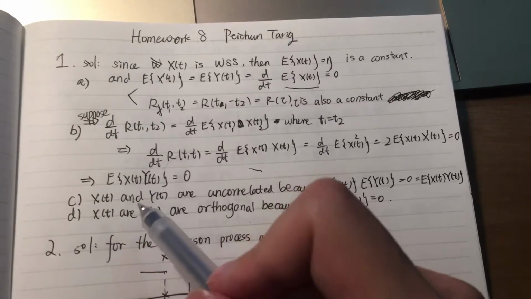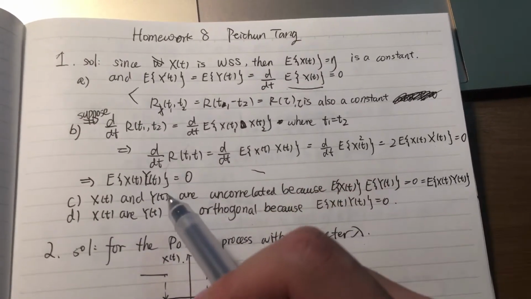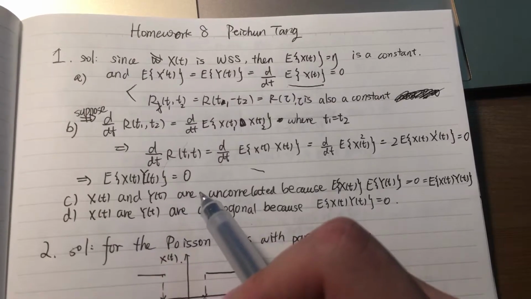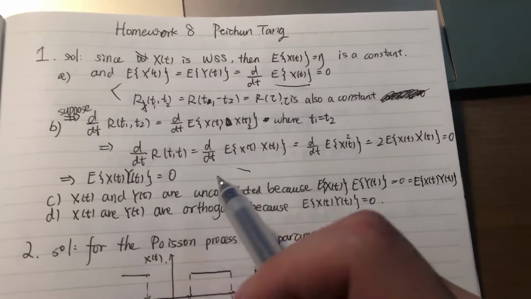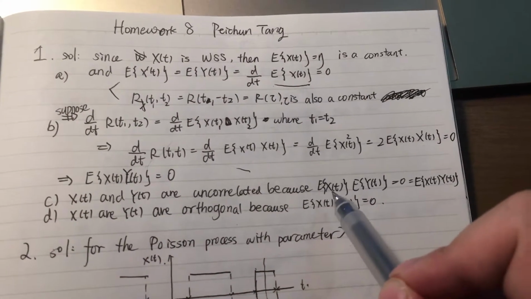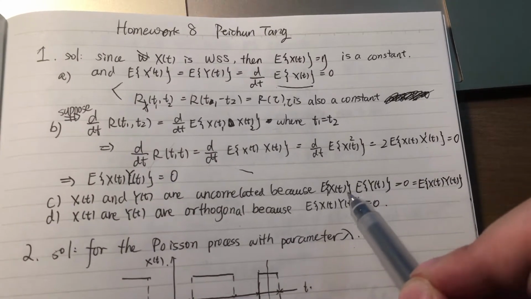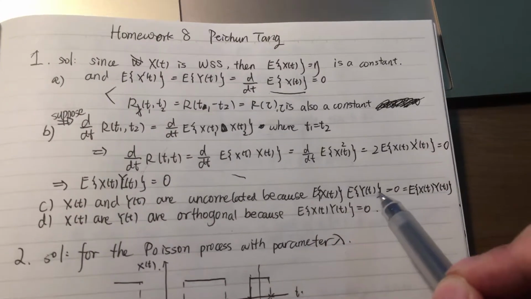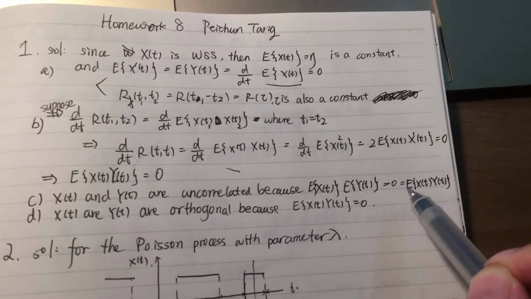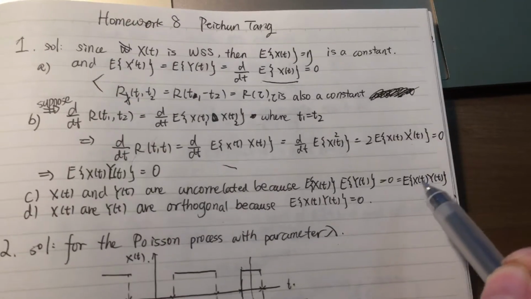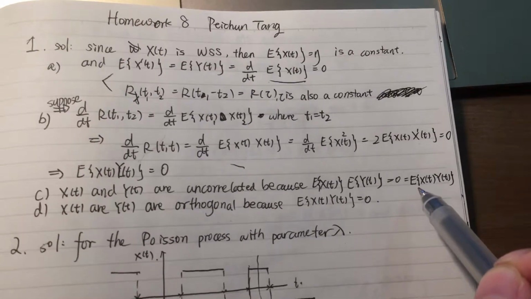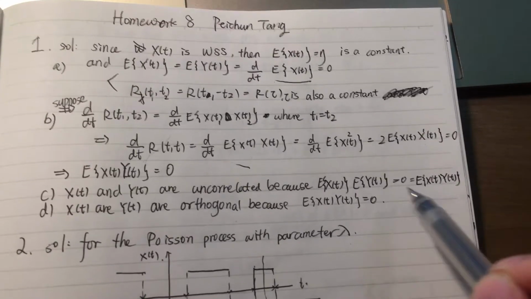For the third question, we need to prove that X(t) and Y(t) are uncorrelated, because we know that E[X(t)] times E[Y(t)] is equal to 0, and it's also equal to E[X(t)Y(t)]. This equation proves that X(t) and Y(t) are uncorrelated.